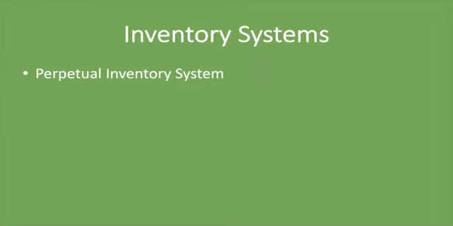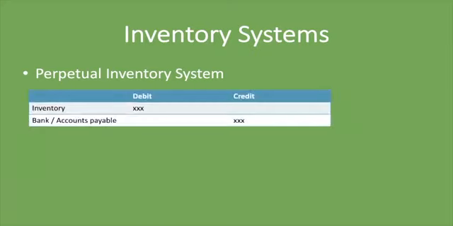Here's an example. Let's say you buy inventory from your supplier. What is your debit? What is your credit? You will debit inventory, because inventory is an asset, and you will credit bank if you bought the inventory using cash, or you will credit accounts payable if you bought the inventory on credit. That is how you do it using the perpetual inventory system.